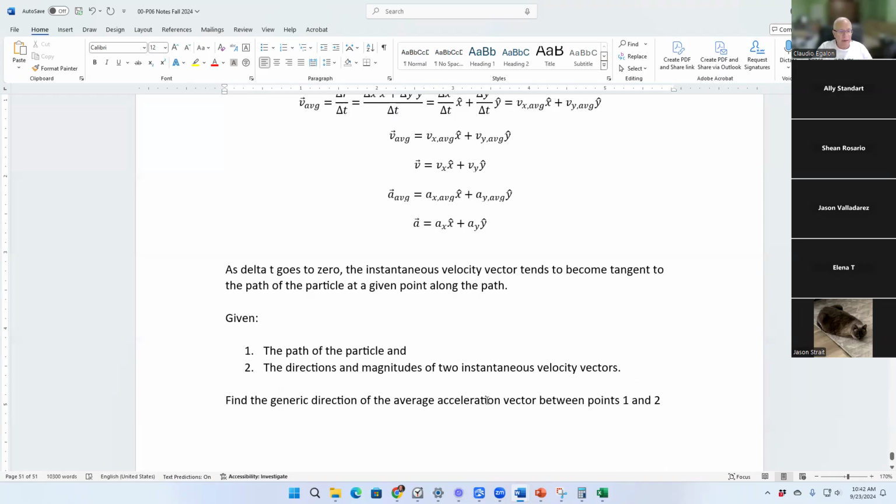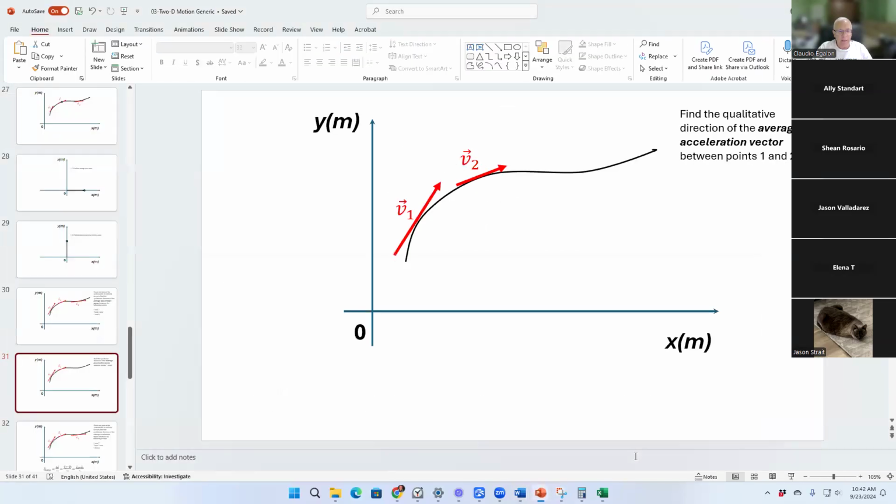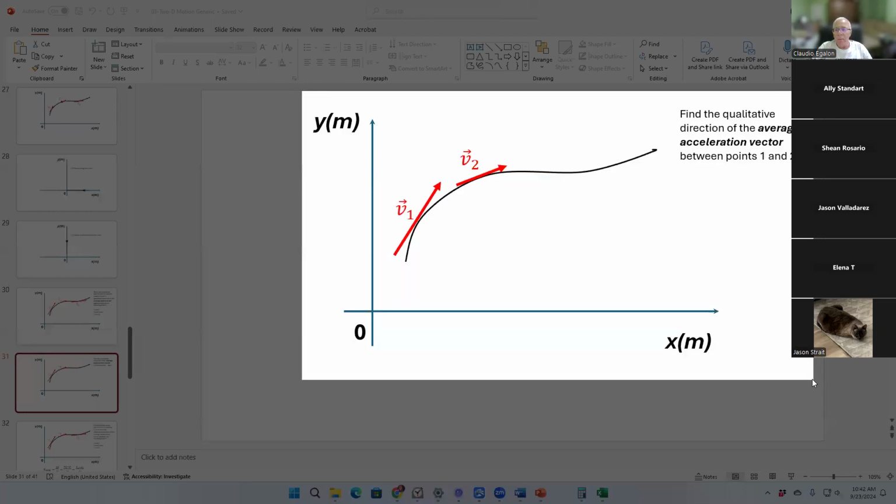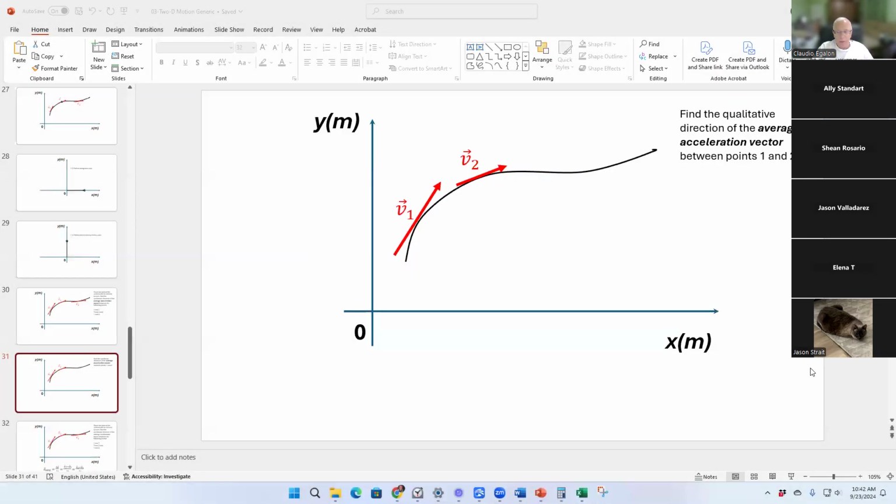Find the qualitative direction of the average acceleration vector between points 1 and 2. And then I'm going to copy that, so you have something in your notes. Do you have enough time to do that?